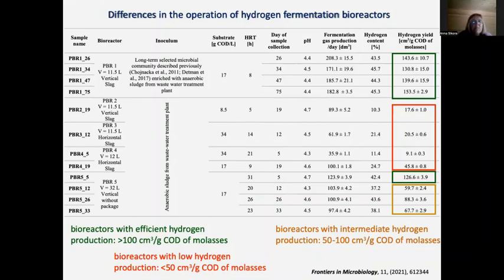In the first, a multiply predominance of lactic acid bacteria over hydrogen producers was observed, with lactate and ethanol as dominant fermentation products. In the second case, a multiply predominance of Clostridia over lactic acid bacteria with a high concentration of different short-chain fatty acids.